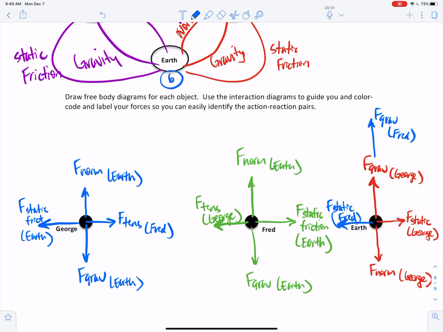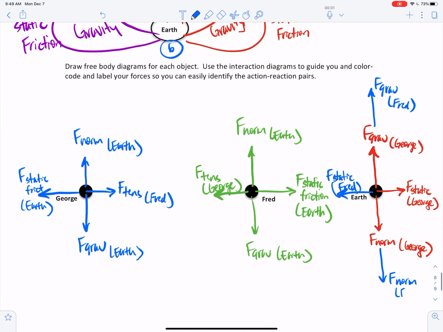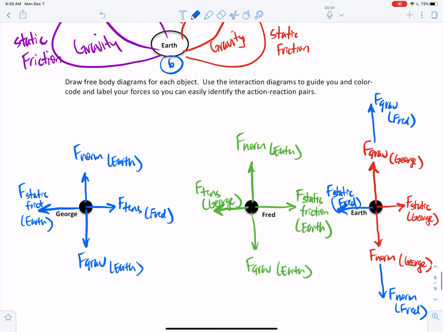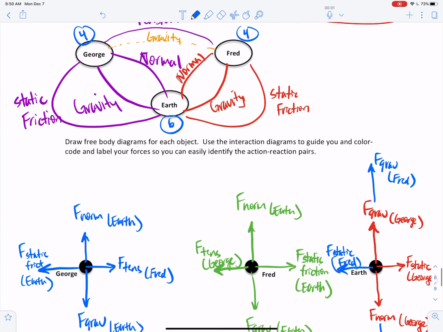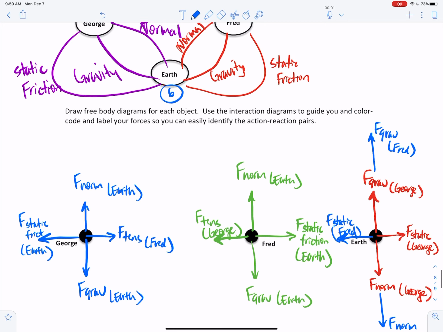Fred's also right above the Earth. And as Fred is above the Earth, it feels Fred pushing down on it. A normal force from Fred. And now I have 6 forces on the Earth, which match my 6 forces in the interaction diagram.